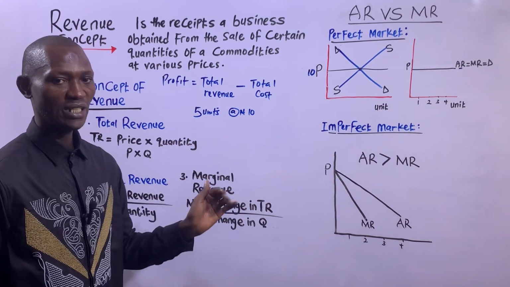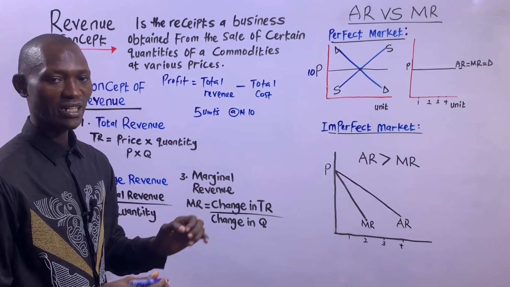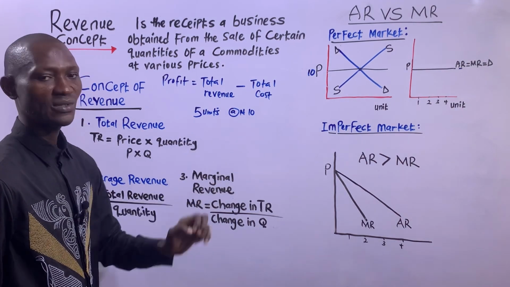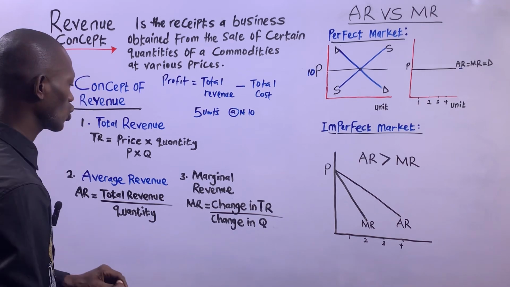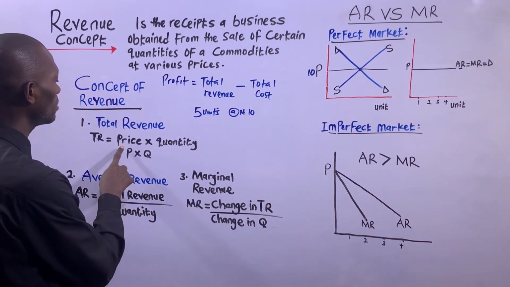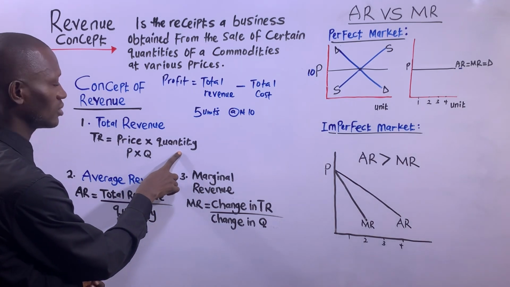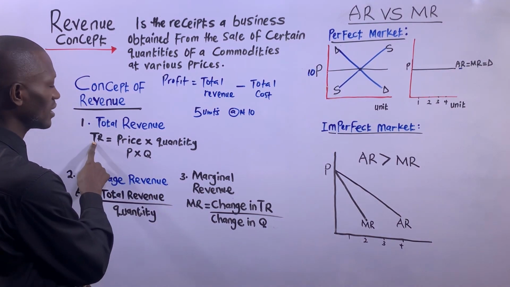So my total revenue here is going to be the units of the marker which I sold times the price per marker. So total revenue is expressed as price times quantity sold, or units sold. So price times quantity, that's how to get your revenue.